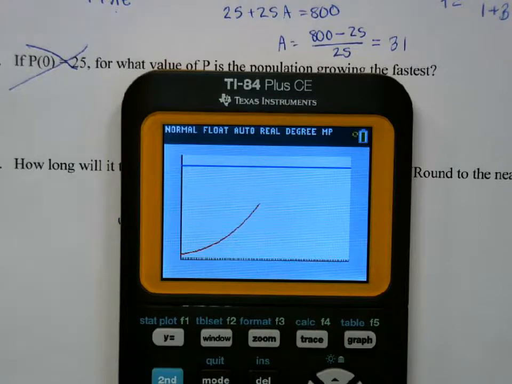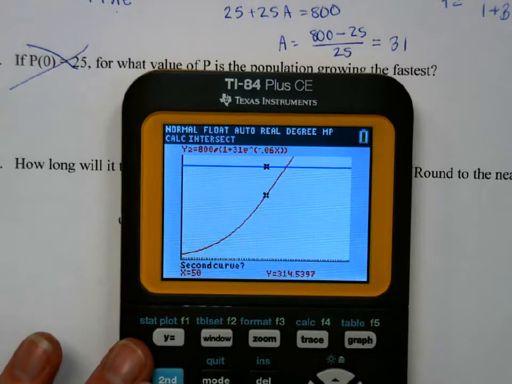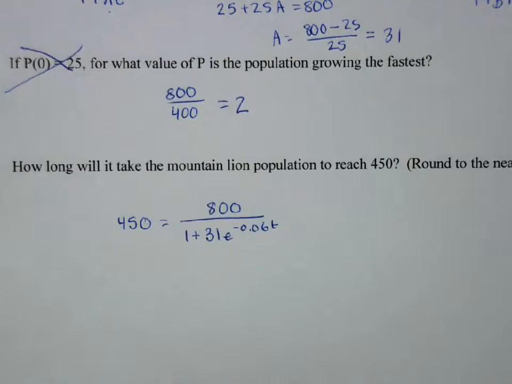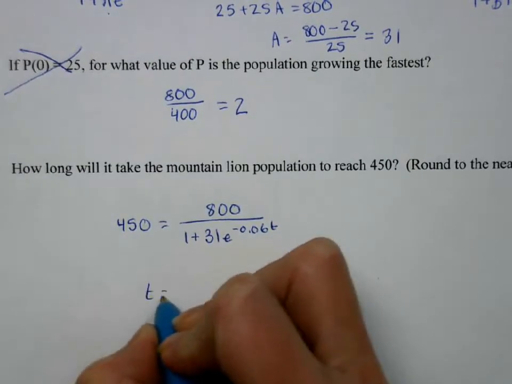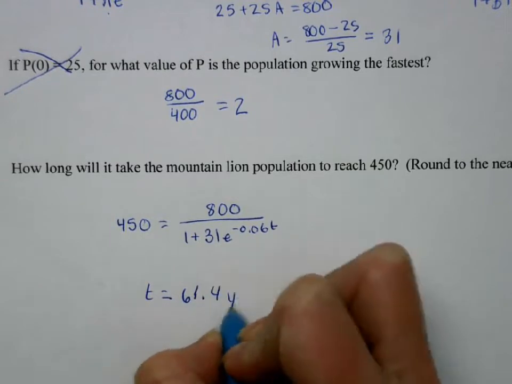Winner. So then we'll go to second calc, intersection, enter, enter, enter. And our answer is 61.4 years, since we're asked to round to the nearest 10th. So 61.4 years. So that is your Unit 8 Calculus review. Good luck.